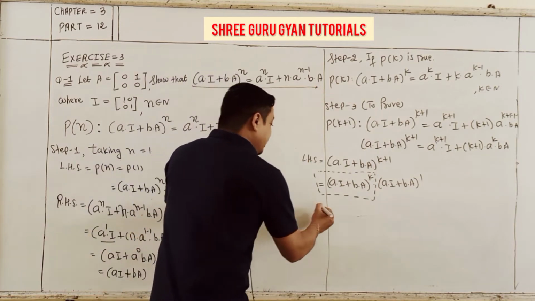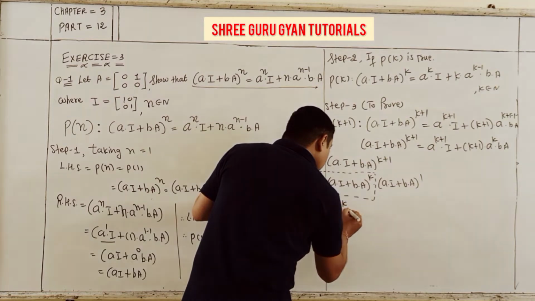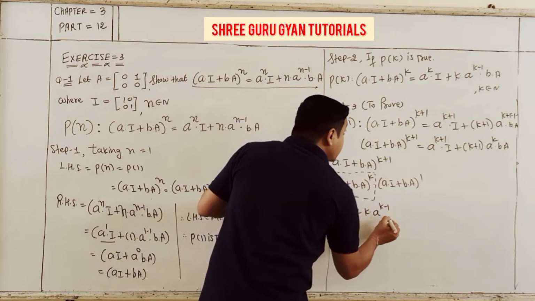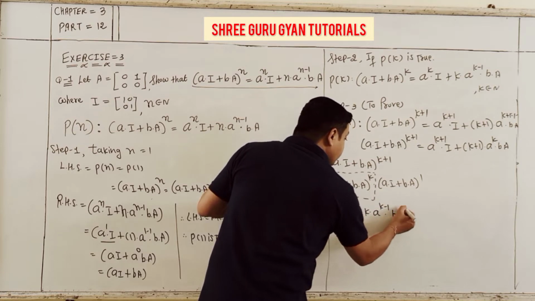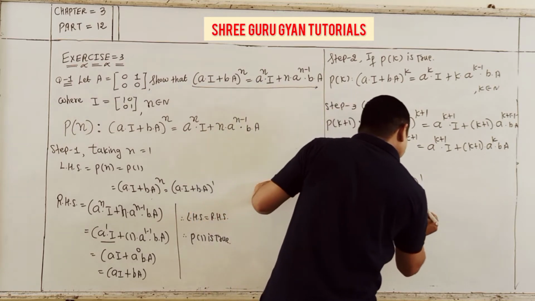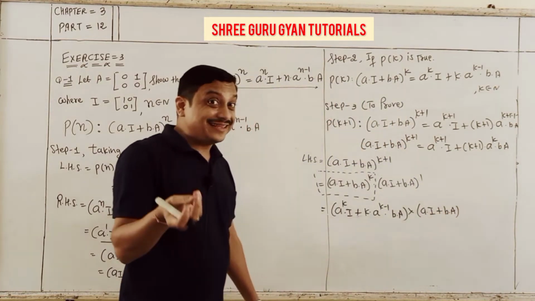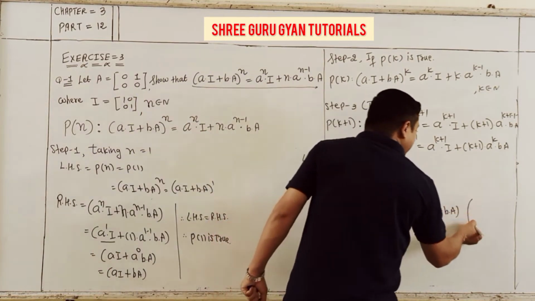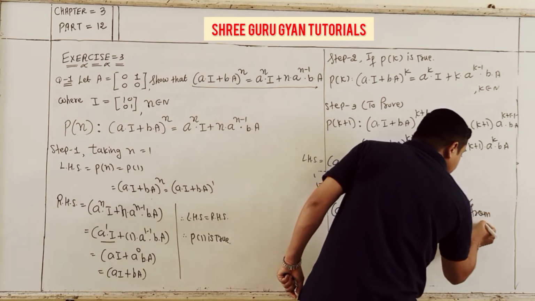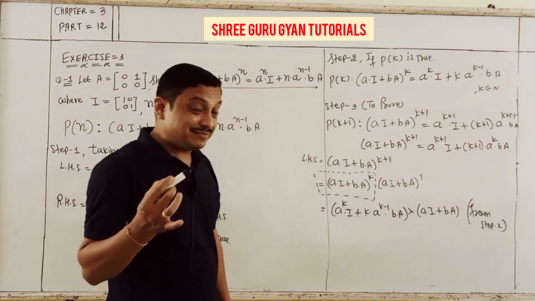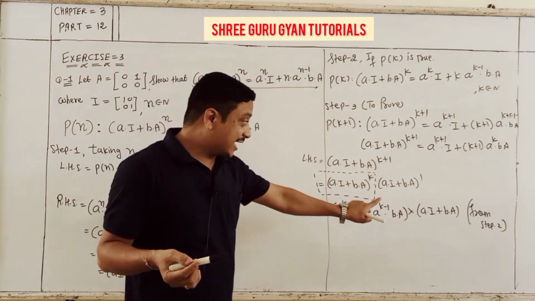So I just put a^k I + k a^(k-1) bA, and the other is the same, aI + bA, as declared by step 2. Now students, I will multiply this with that, both terms.